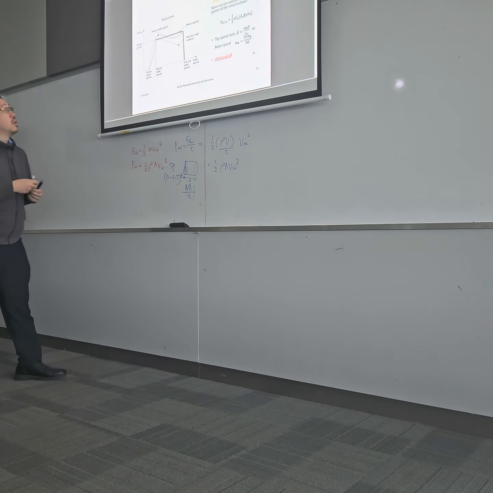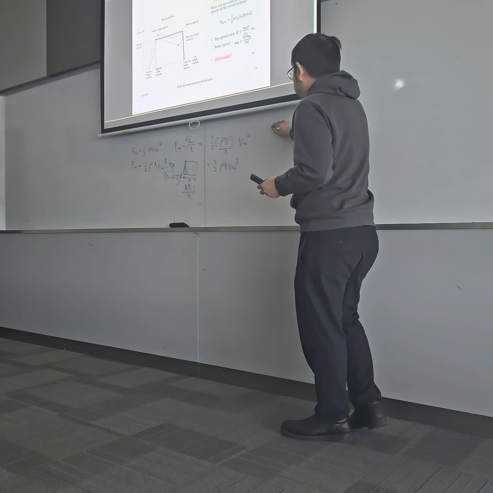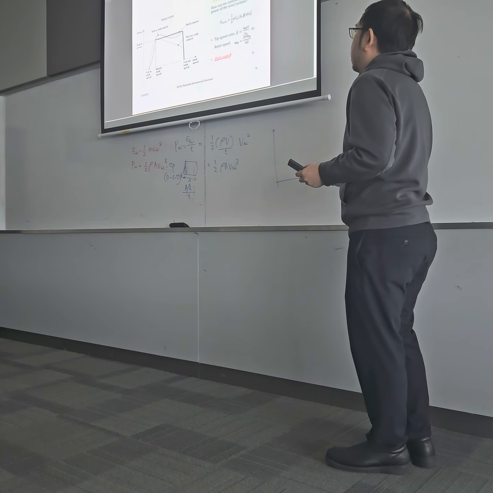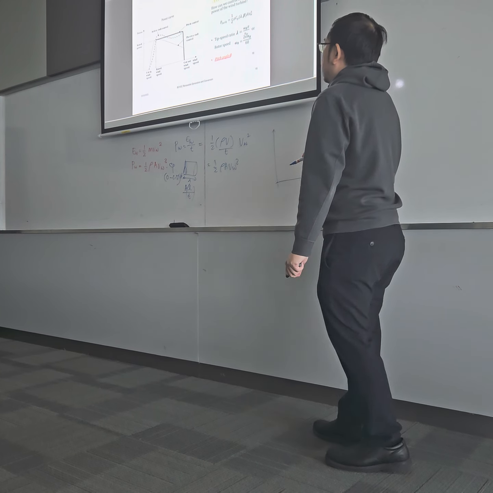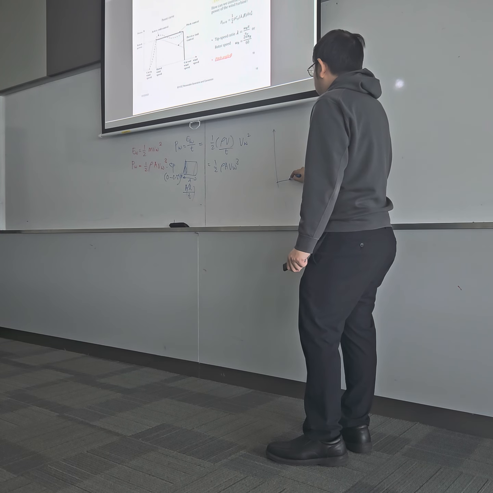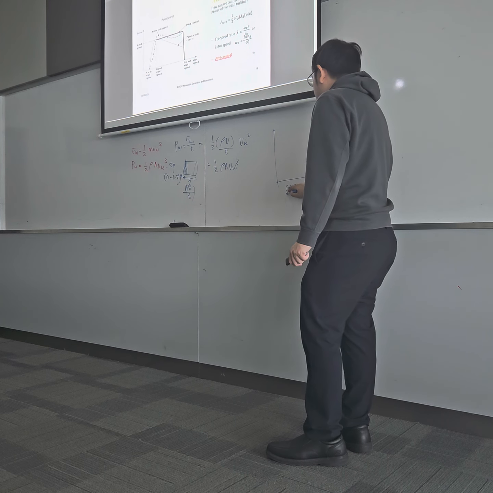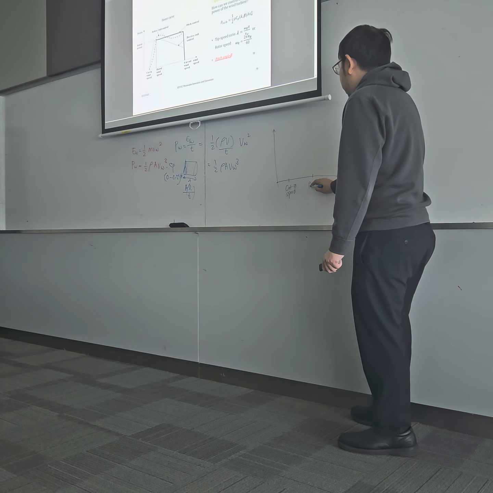So this is the power curve. So how to draw the power curve is as follows. You have firstly a value called the cut-in speed, and the second one is the rated wind speed.